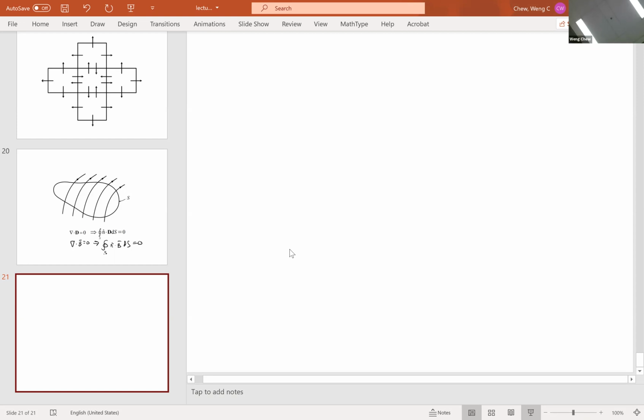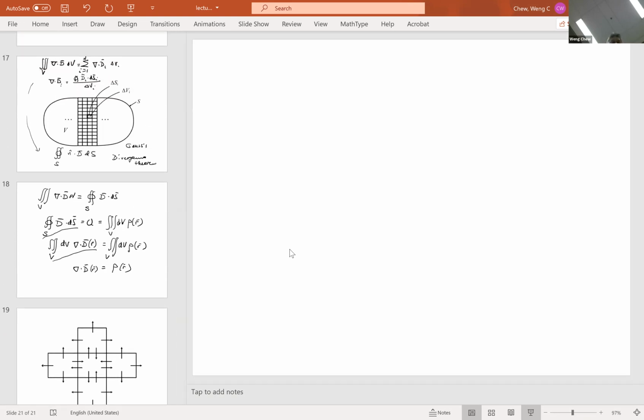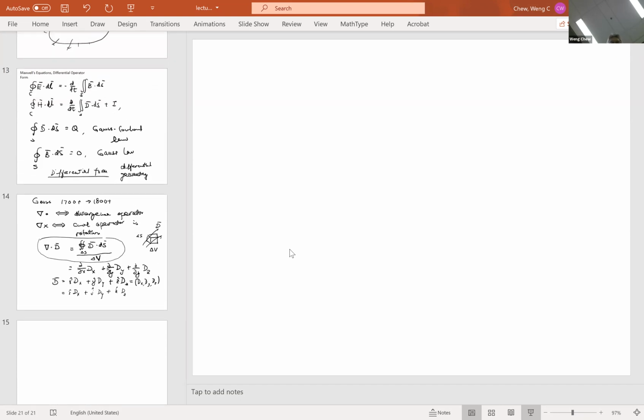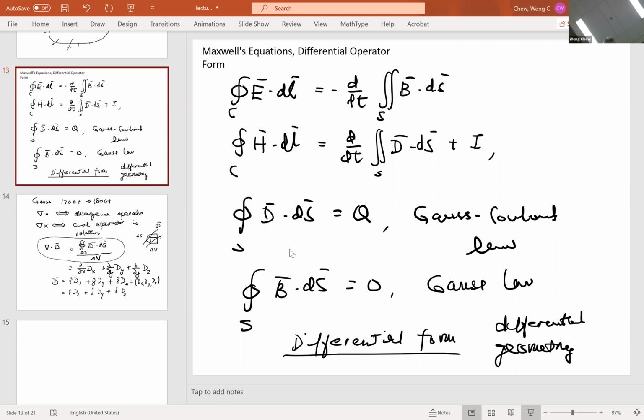So if I were to say, look at these equations, what is the meaning of this equation? This equation essentially says that the left-hand side is a computation of voltage around a current loop.